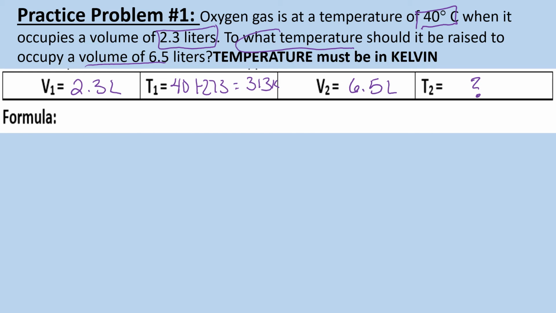Okay, so our formula is T2 is equal to V2 times T1 over V1. So we plug in our numbers. V1 was 2.3 liters. Our V2 was 6.5 liters.